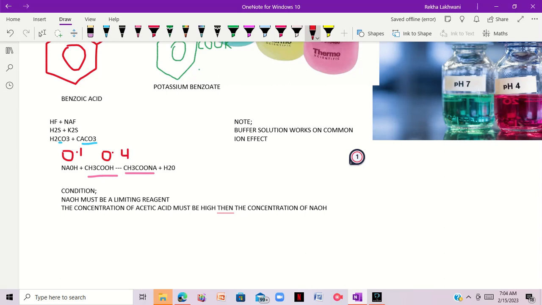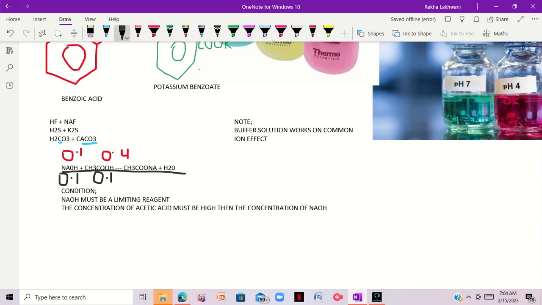So in the reaction, basically, 0.1 sodium hydroxide will react, right? And with 0.1, obviously, 0.1 acetic acid will react, right?